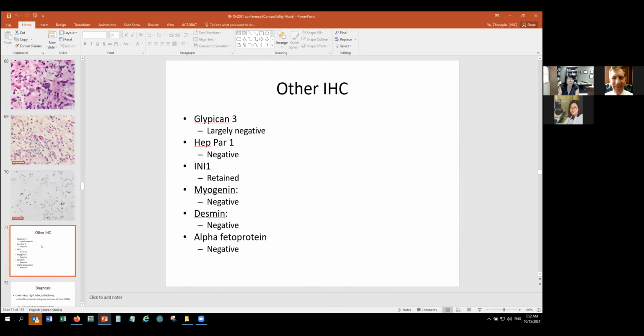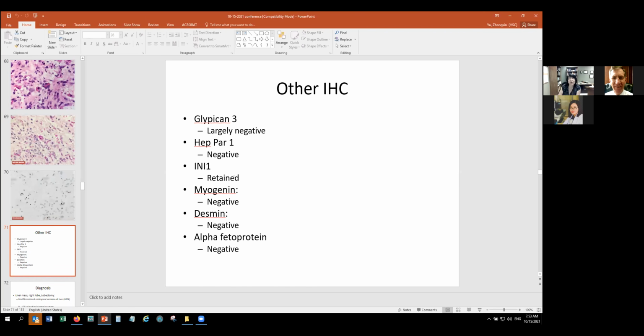Of course, you want to do some immunostains to rule out hepatoblastoma, and rule out others like rhabdomyosarcoma. For this specific case, myogenin negative, desmin negative, rule out rhabdomyosarcoma. Glypican-3 and Hep-Par-1 are negative, rule out hepatocellular carcinoma or hepatoblastoma. INI1, there's no loss, so it's not rhabdoid.